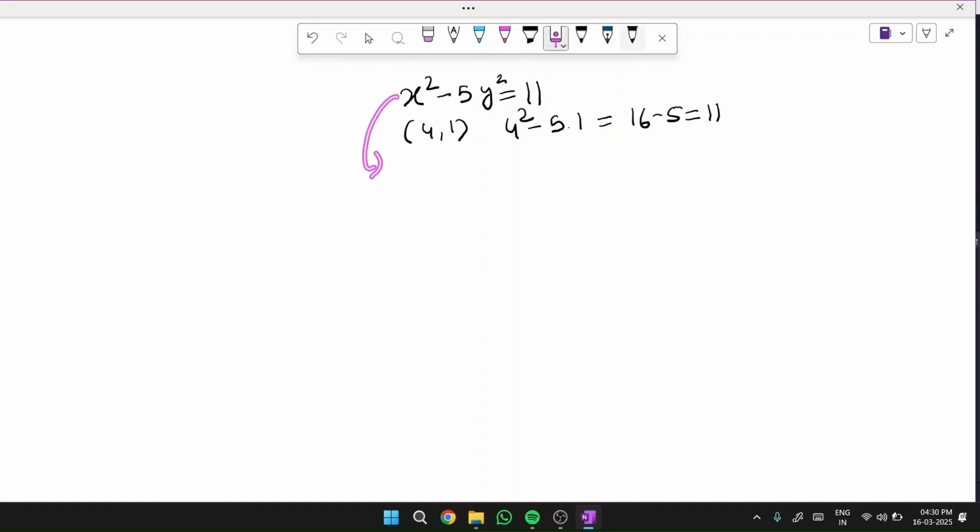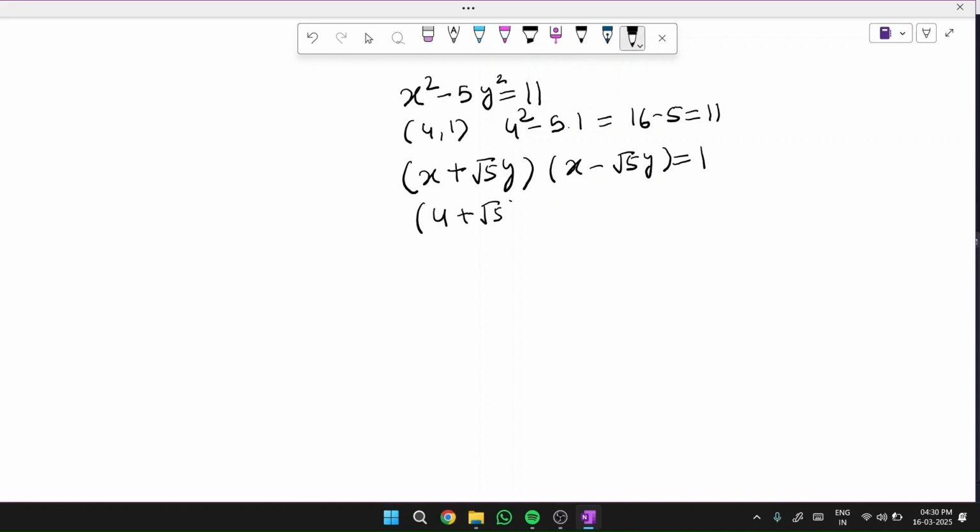So if we factorize this, (x + √5 y)(x − √5 y) = 11. And if we plug in this, we get (4 + √5)(4 − √5) = 11.